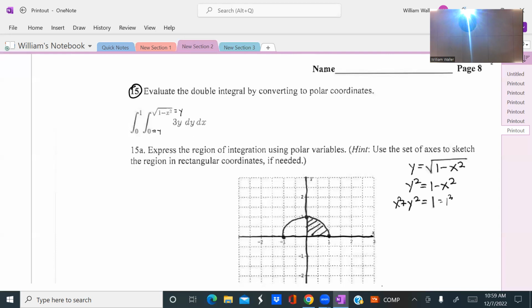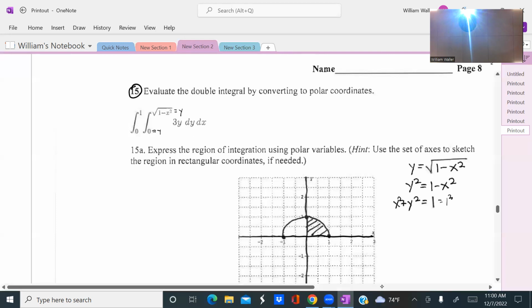So we actually only get the right half of this semicircle, just this quarter here, from x equals 0 to x equals 1. So not the whole top of the circle, but just the portion that's in the first quadrant. So there's our region of integration. That's what it looks like. Now, the reason you want to draw that picture is because we want to convert this to polar coordinates.